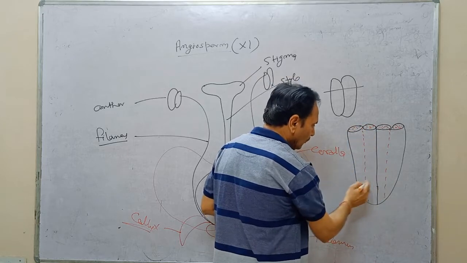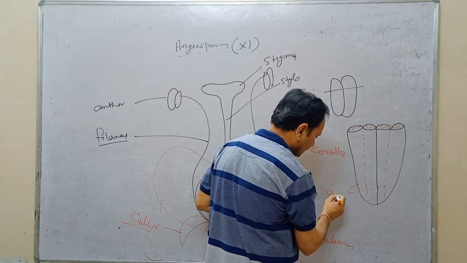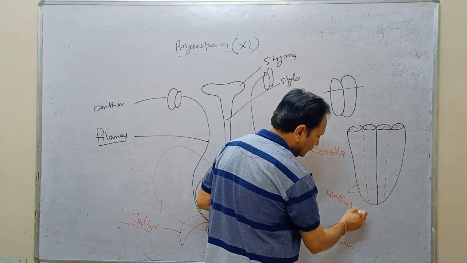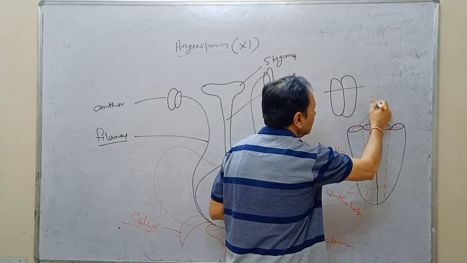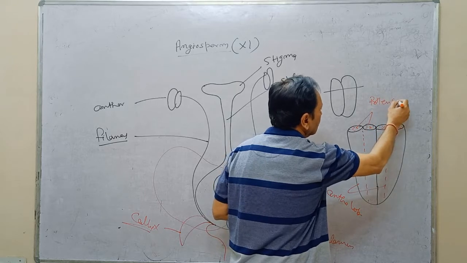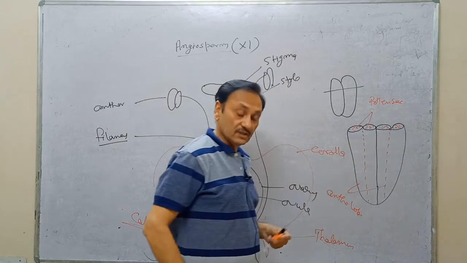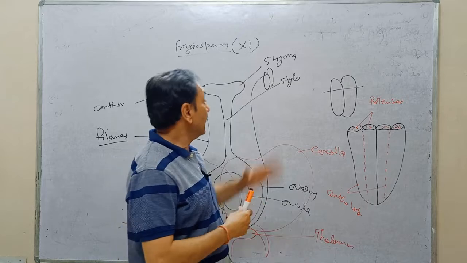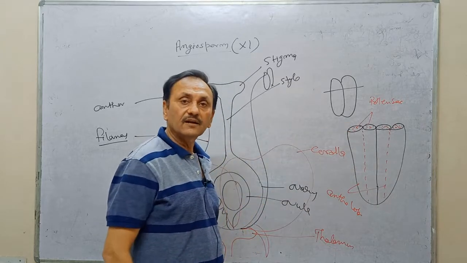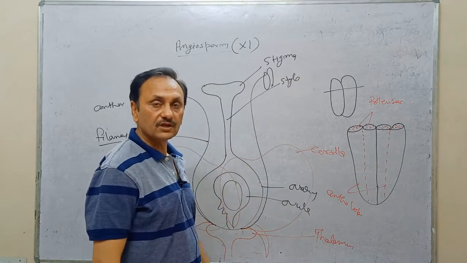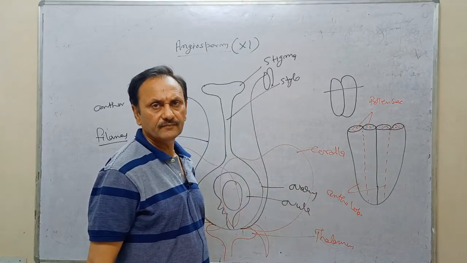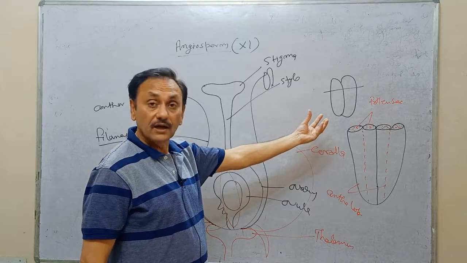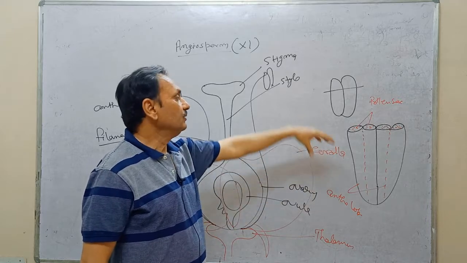This is the pollen sac. So here we will see that in a typical anther, 4 pollen sacs are present, so they are called tetrathecous. But in certain cases it is bithecous also. And the pollen, which carries the male gamete, will be produced here.